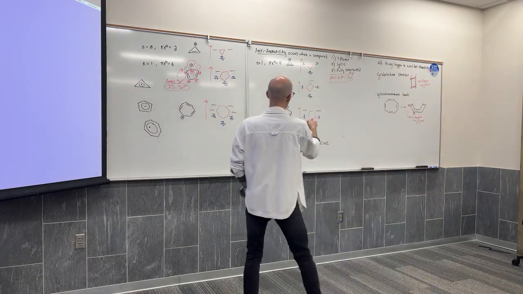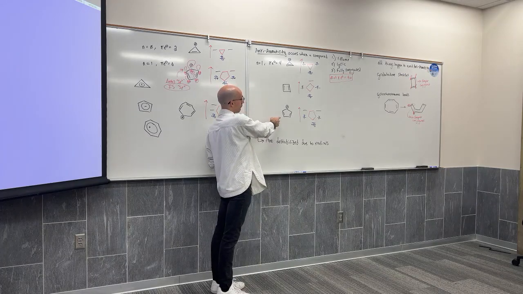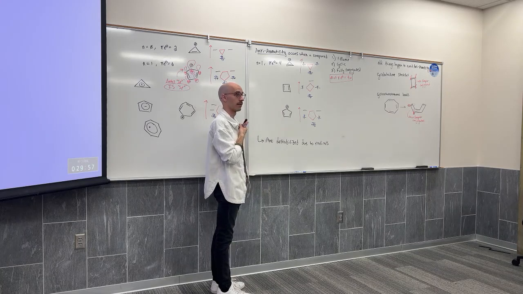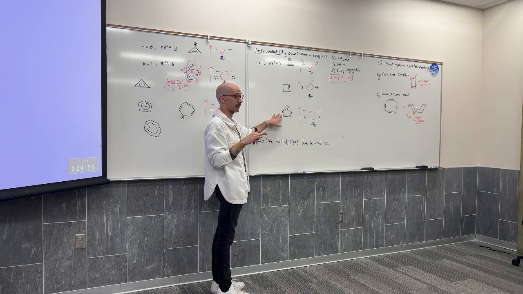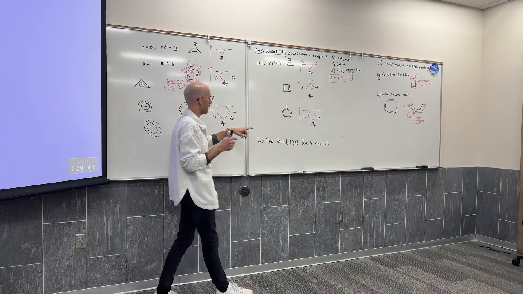And actually, one of the best examples is the cyclopentadienyl cation. This compound is planar. It won't twist because every atom is sp2. But then there's some oddities.